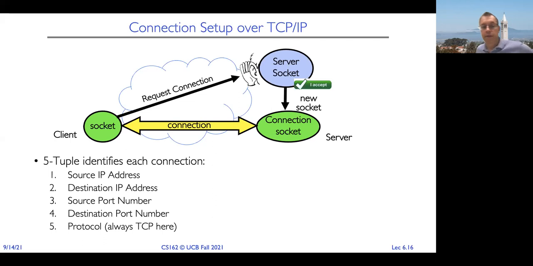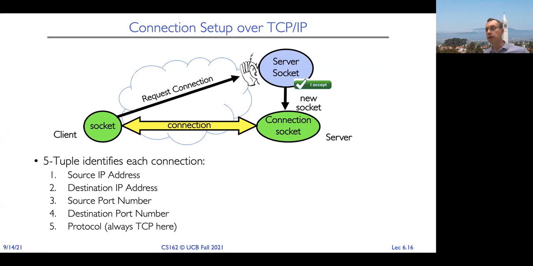So each connection, this yellow thing here between these two green bubbles, is identified by 5 things: source IP address and destination IP address, right? These are the source and the destination. When you send a packet, you have the source IP address, the IP address of the machine that sends the packet, and the destination IP address, the IP address of the receiving machine.